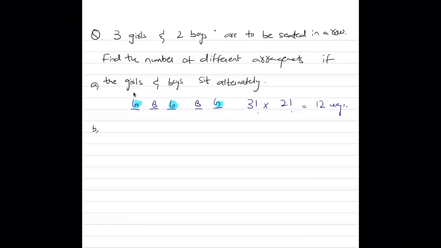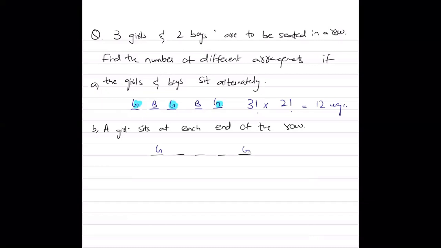Yes, sir. Okay. Now the second part says a girl sits at each end of the row. So the row comprises 5 seats, and you want the girls to sit at each end of the row.